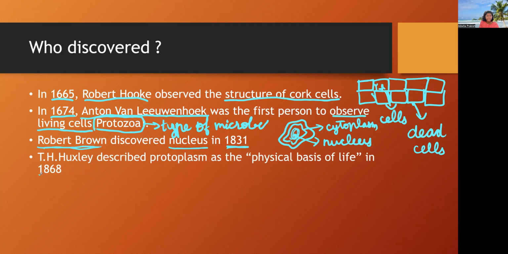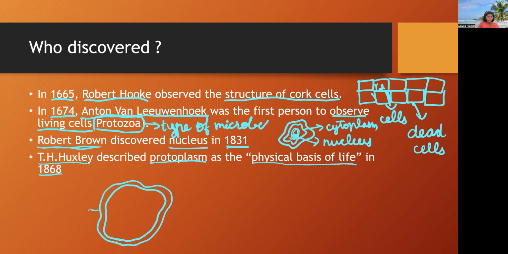After this, in 1868, T.H. Huxley described protoplasm as the physical basis of life. So what is protoplasm now? So we take the same cell, we take the cell's boundary, that is the cell membrane.